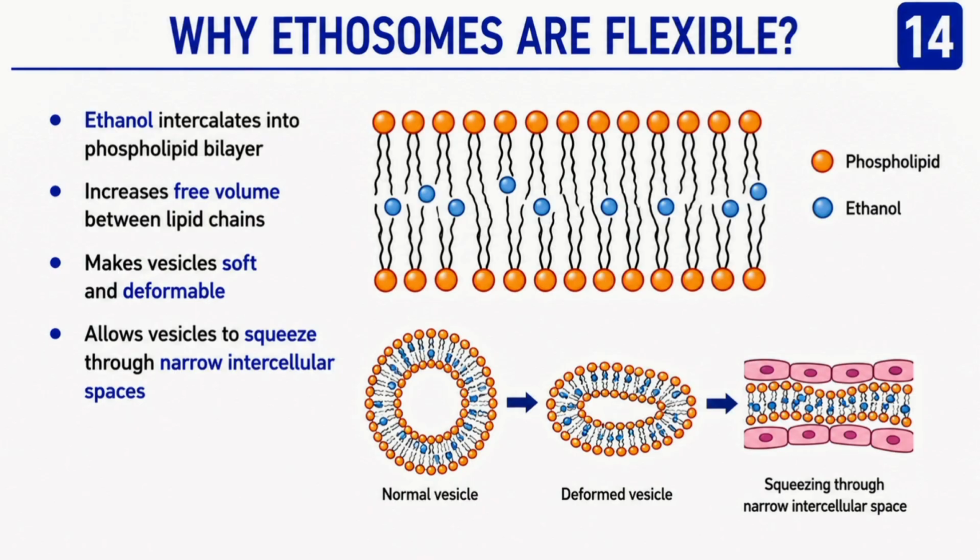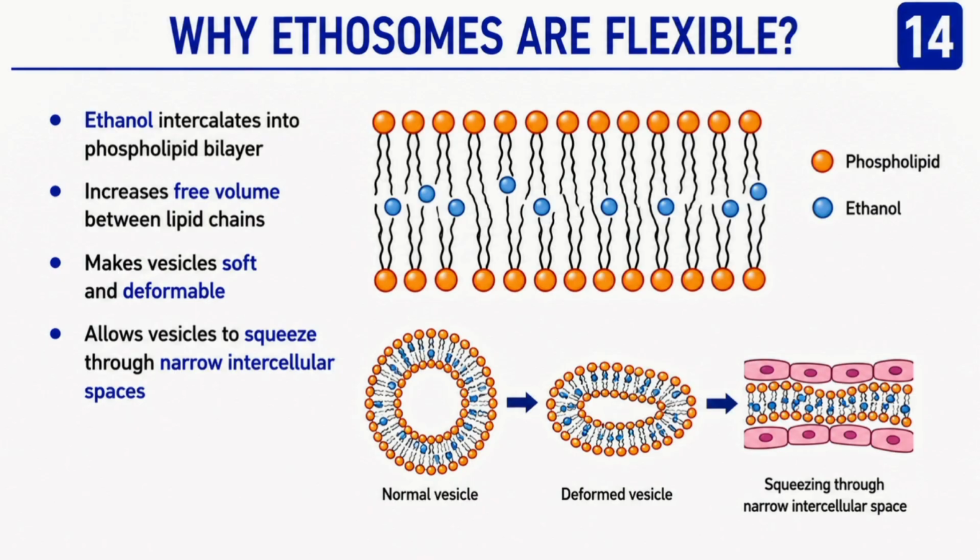So one of the most important concepts in the ethosomes is the deformability. So a conventional rigid vesicle encounters a difficulty when attempting to cross the narrow pathways within the skin. So an ethosome, however, can undergo the deformation. So its membrane can temporarily change the shape while maintaining the vesicular integrity here.